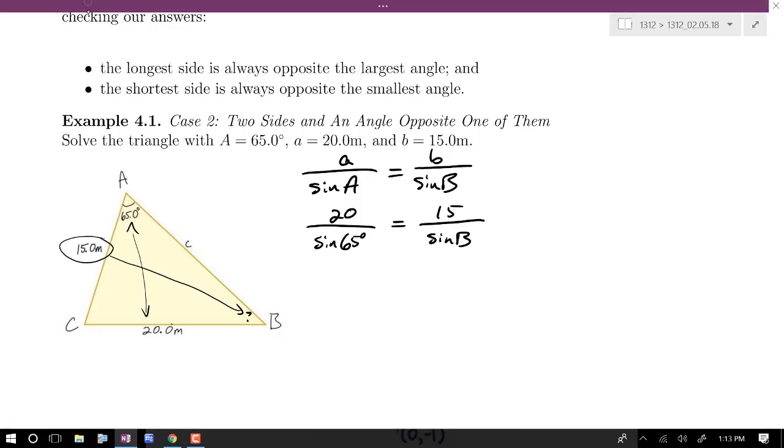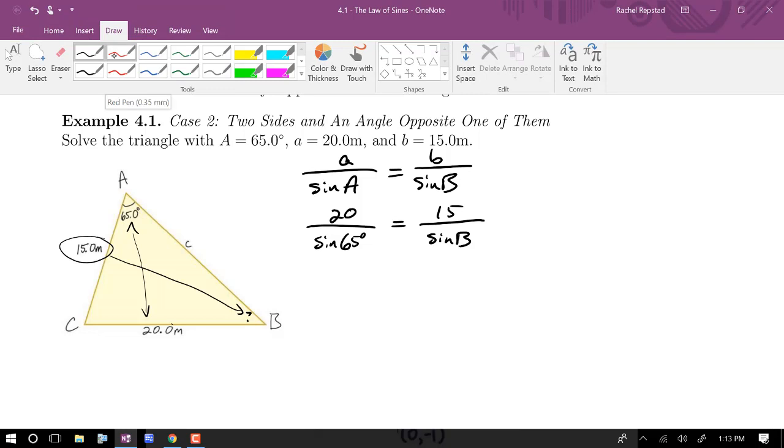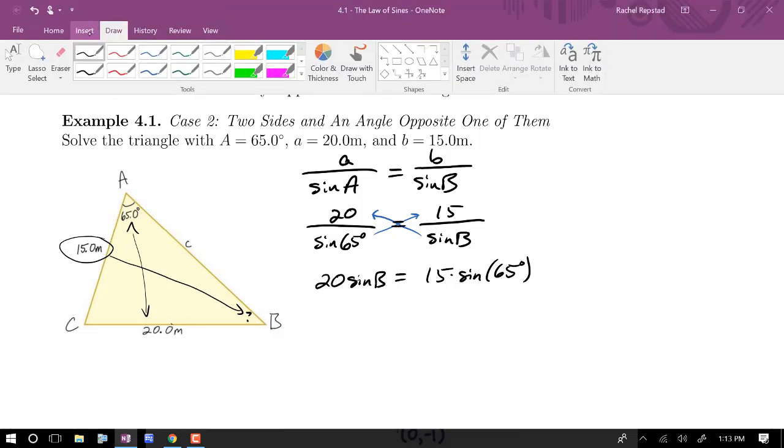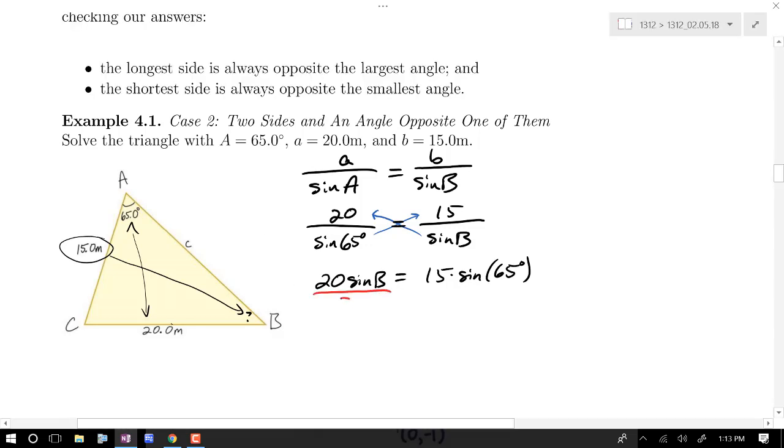Because the law of sines is just one fraction equal to another, we can set the cross products equal to each other. So we have 20 times sine B is equal to 15 times sine of 65 degrees. And now to find sine of B, we need only divide both sides by 20.